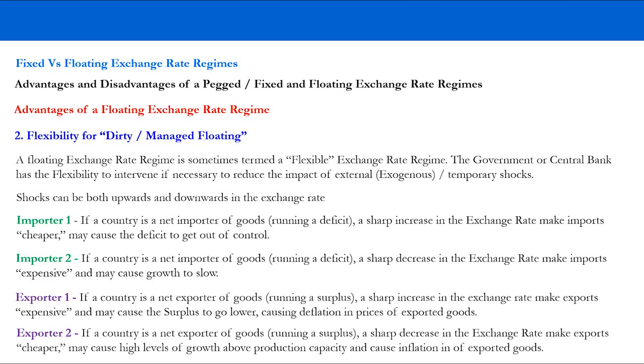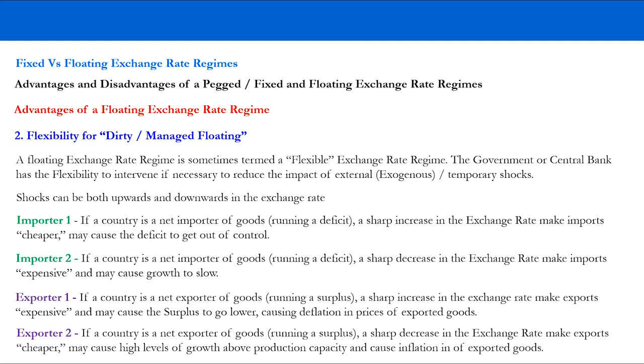You don't have a rule book or a set of rules that you have to stick to as a government or central bank, i.e. central authority, with your exchange rate regime. So if you have a floating exchange rate, you actually have the flexibility to intervene whenever you want and not stick to a certain set of guidelines or rules as set out by the fixed regime.